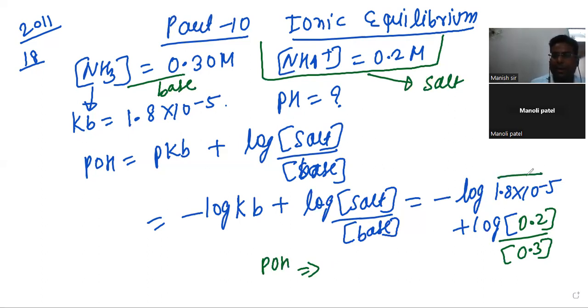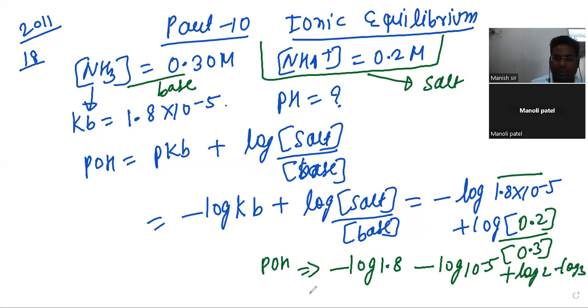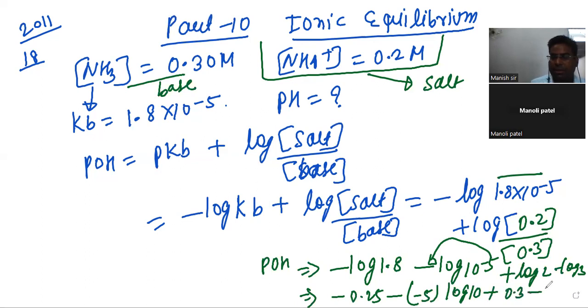So you can write this part as minus log 1.8, and again minus log of 10^-5, plus log 2 minus log 3. Log 2 is basically 0.3, and the minus sign will multiply with the 5 log 10, so it becomes plus 5, and plus log 2 is 0.3, log 3 is 0.4.